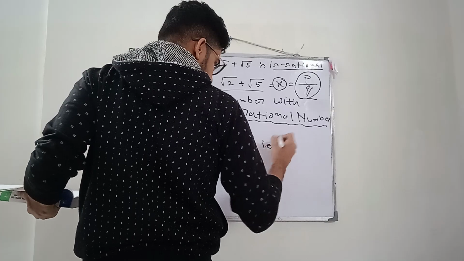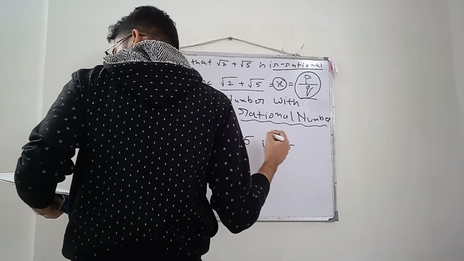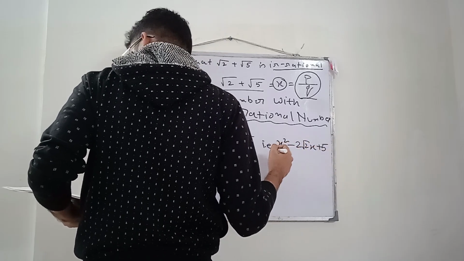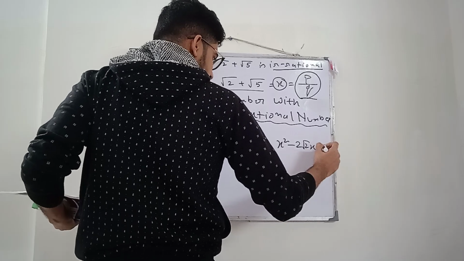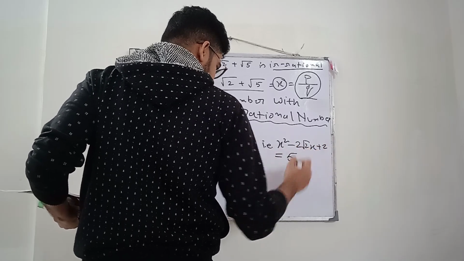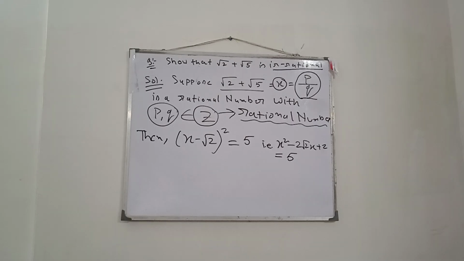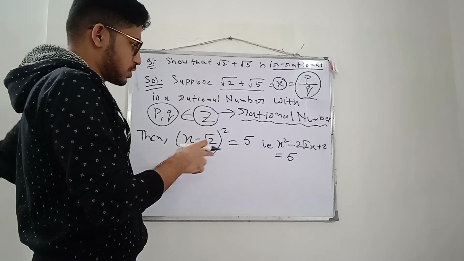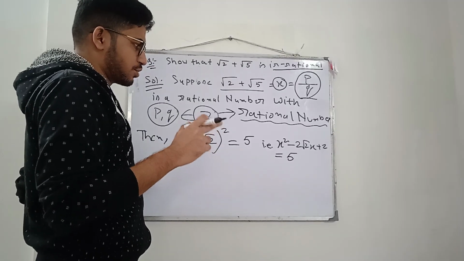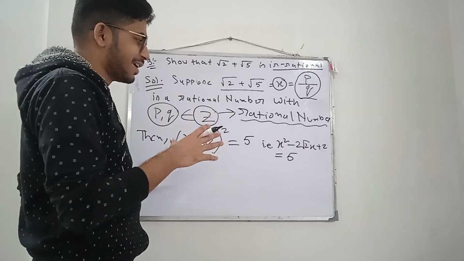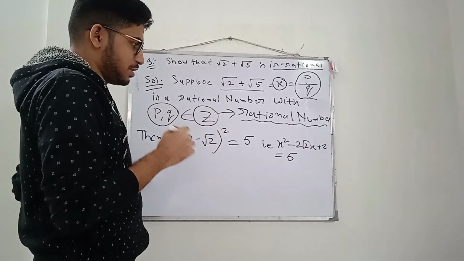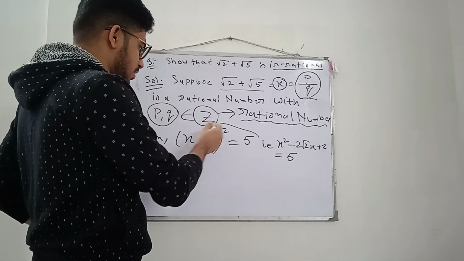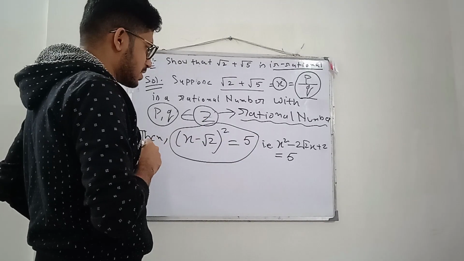That is, x square minus 2 root 2 x plus 2 is equal to 5. How is this 5 coming?